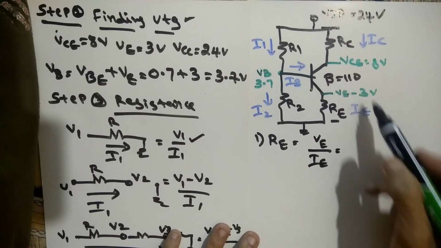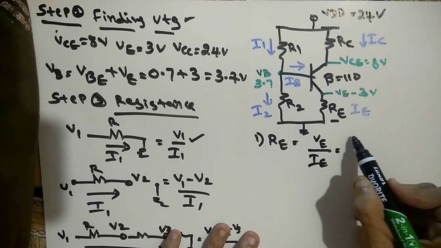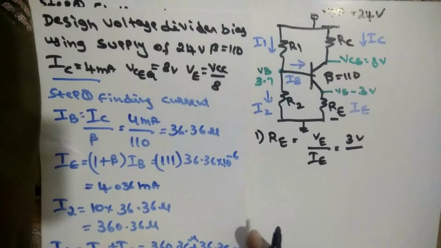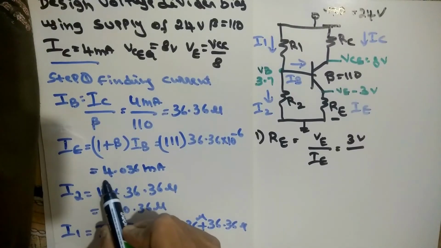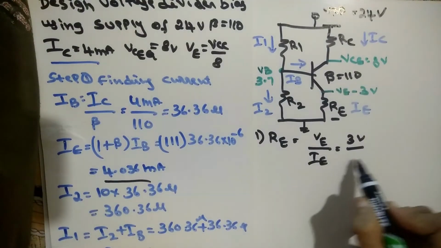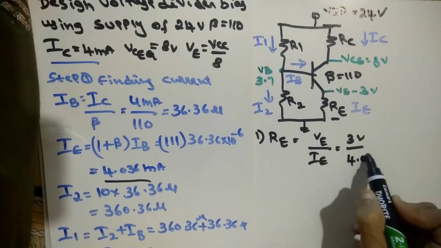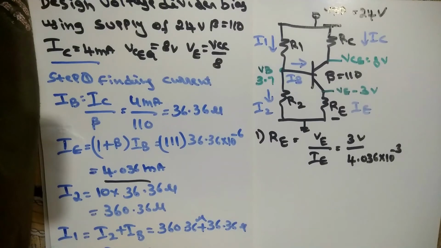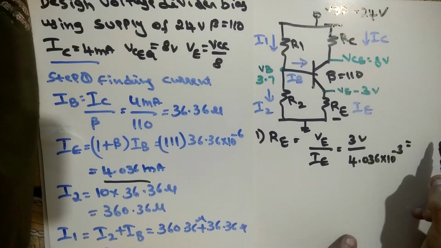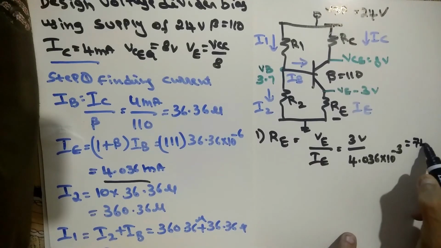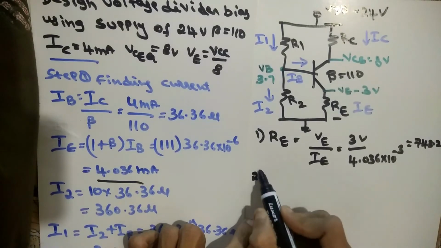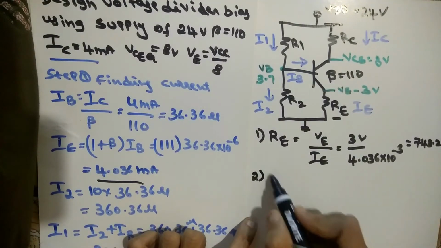VE is nothing but 3 volt, and for IE, from the formula set we got 4.036 milliamps, that is 4.036 into 10 to the power of minus 3. If you solve this, you will get the RE value. You are getting RE as 743.2 ohm.